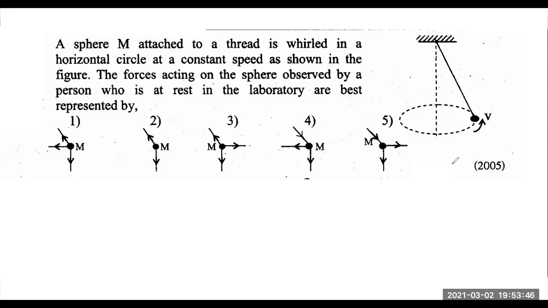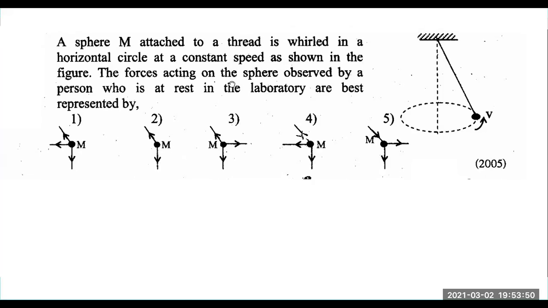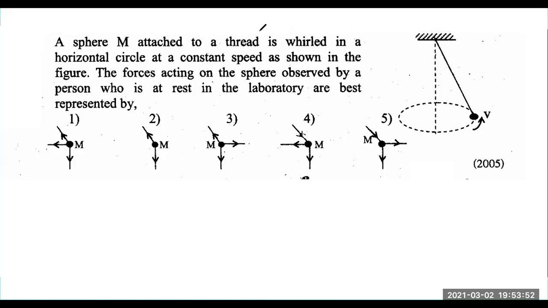The next question is from year 2005. A sphere, capital M, attached to a thread is whirled in a horizontal circle at a constant speed as shown in the figure.